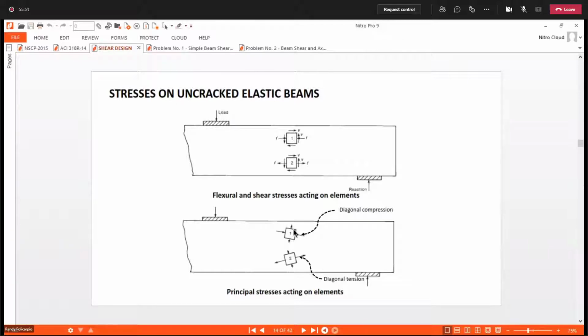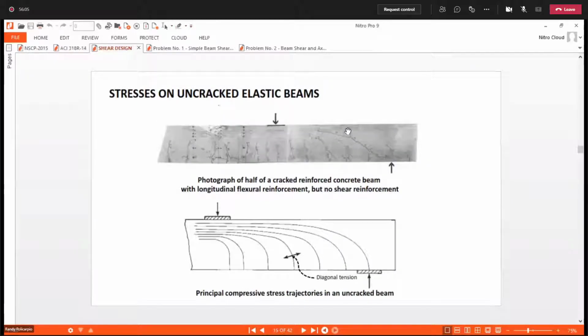Okay, ito ngayon yung ating pinaka-trajectory or pinaka-theoretical background why cracks develop on a concrete without shear reinforcement. And the cracks are actually diagonal. Okay? So lahat yan, yung theoretical background niya, pinrove nila through tests.